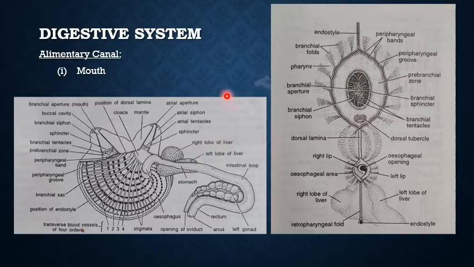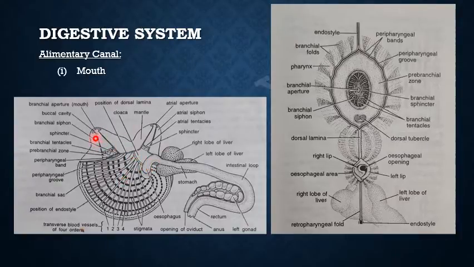Here in the digestive system you can see the diagrams. As I previously told you, it is divided into the alimentary canal, and the alimentary canal in turn is made up of many organs. As you have done in the lower animals, the alimentary canal usually starts with the mouth, and then after the mouth comes the stomach.